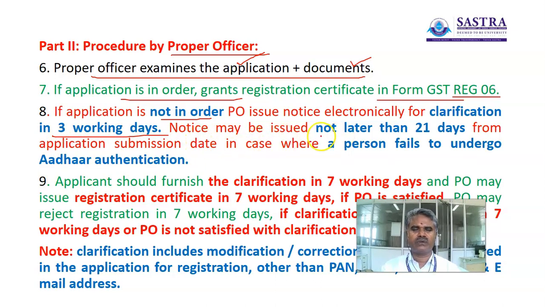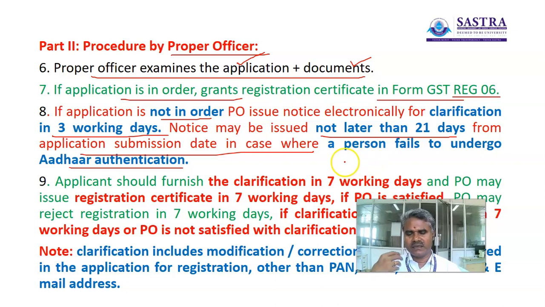Notice may be issued not later than 21 days from the application submission date in case a person fails to undergo Aadhaar authentication. In case you have not completed Aadhaar authentication, they will give notice within 12 days.